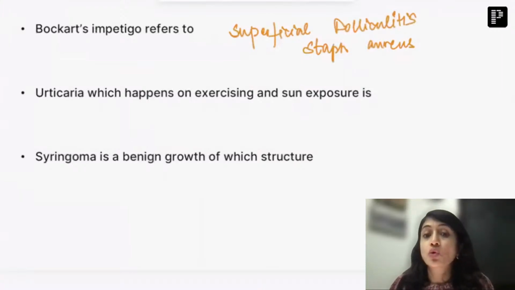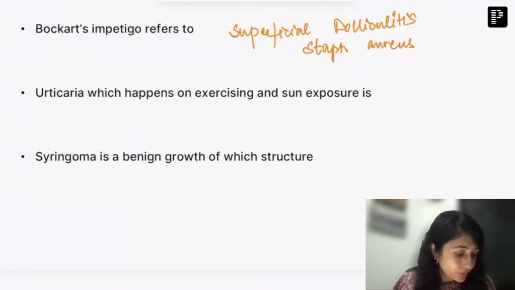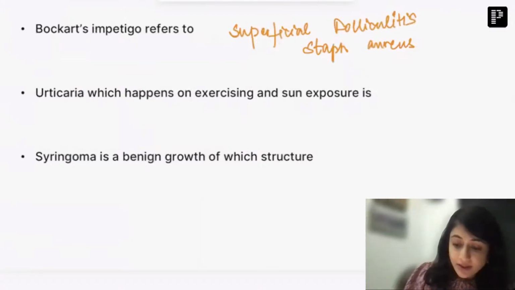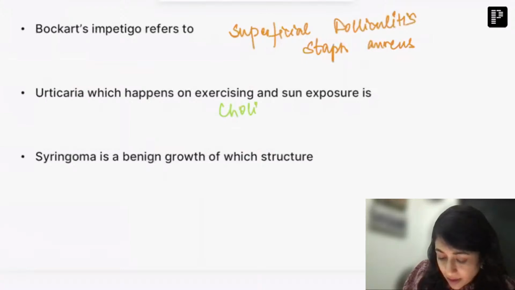Urticaria, which happens on exercising and sun exposure, is called as, so what is the form of urticaria? Or what is that urticaria called, which happens on exercising and sun exposure? That means when the core body temperature is increasing. Yes, this is called as cholinergic urticaria.